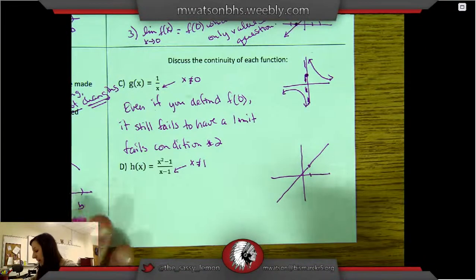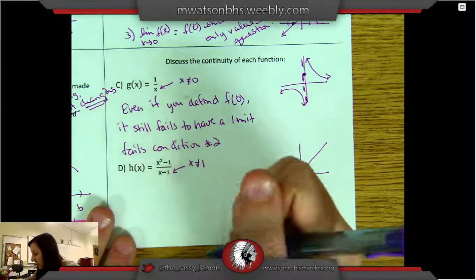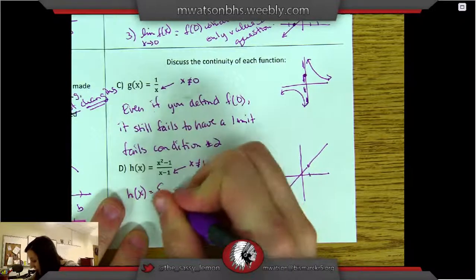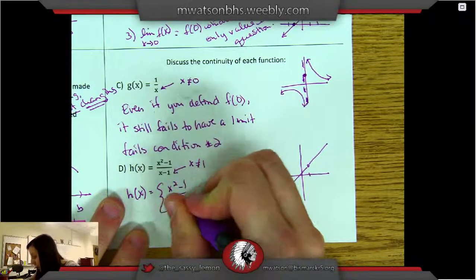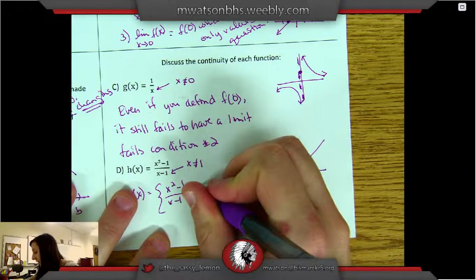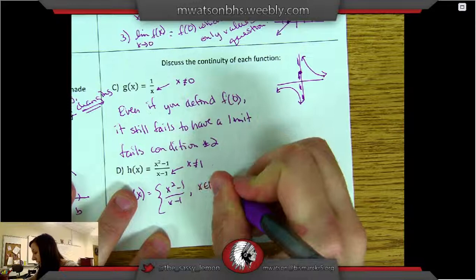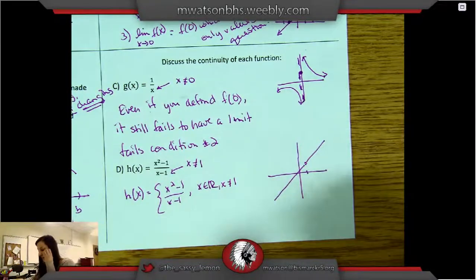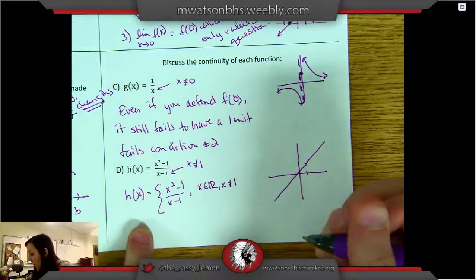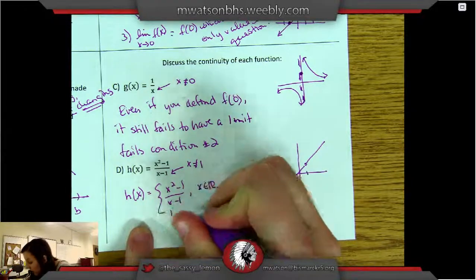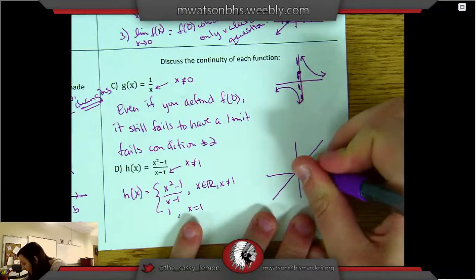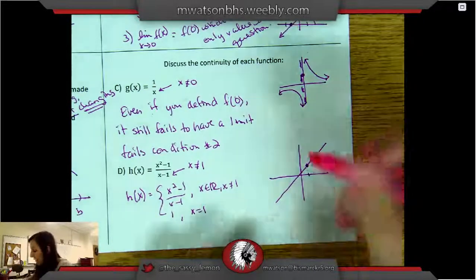We can say that h of x equals x squared minus 1 over x minus 1 for all values except x cannot equal 1. Okay, but then we're going to say that this function equals 1 at x equals 1. So we're going to have a point and we're going to fill it in right there. I guess that's how you can redefine them.